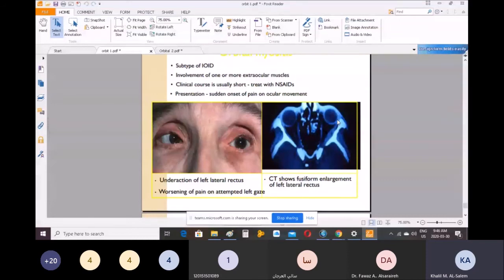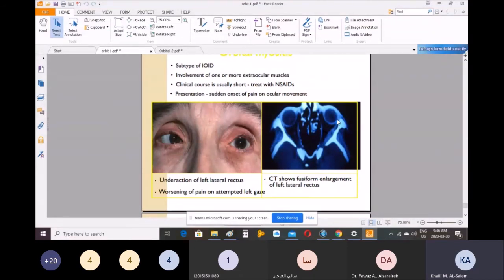However, patients with myositis have tendinous involvement, scleral involvement, as well as inflammation of the whole muscle and enlargement of the muscle. It's very important in myositis never to give topical steroids. Oral steroids are fine, but topical is never given because it can cause scleromalacia, and it can cause perforation of the globe. Okay, so that's a very bad thing.